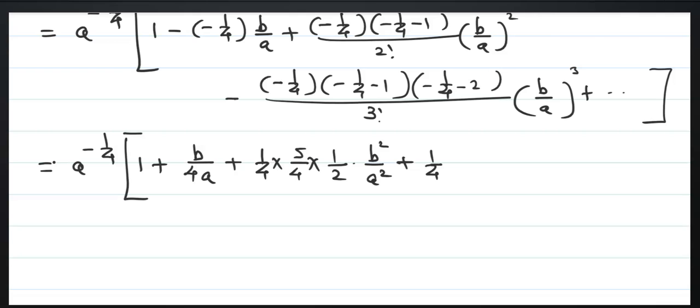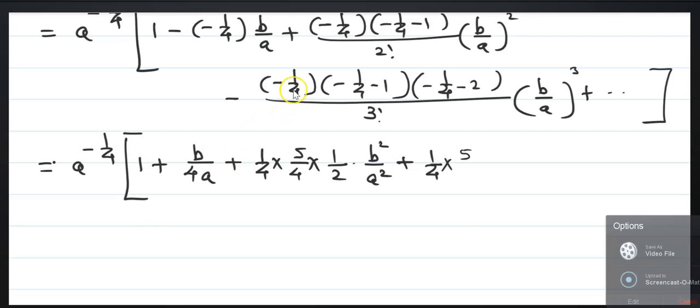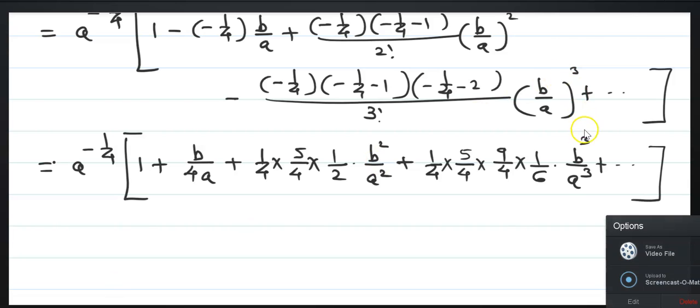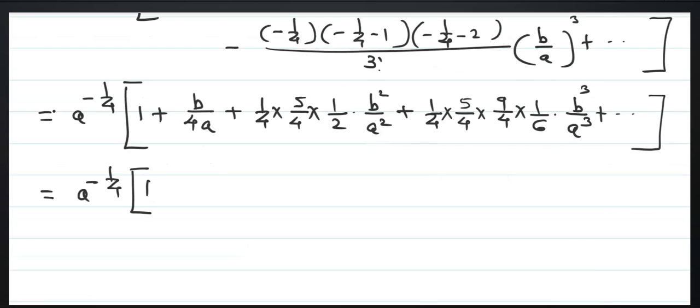Next is, what is here? Minus, minus and minus, 3 times minus, and overall you will get plus sign. Therefore 1 by 4 into 5 by 4 into 9 by 4 into 1 by 6 into B raised to 3 upon A raised to 3 and so on. Next terms. Now here is a simplification.